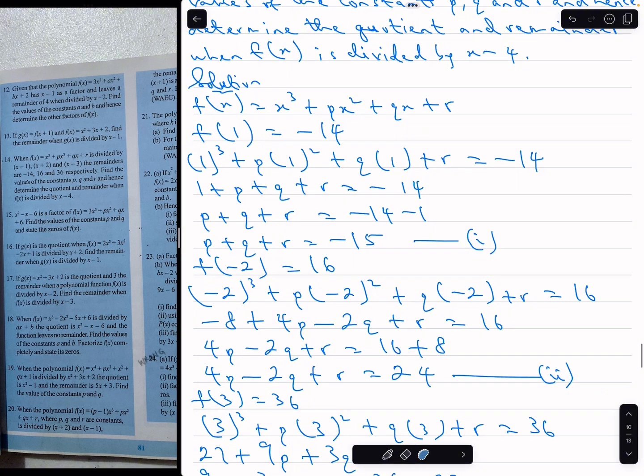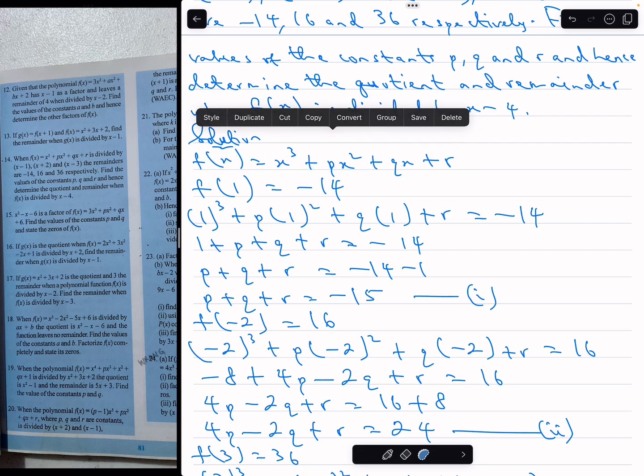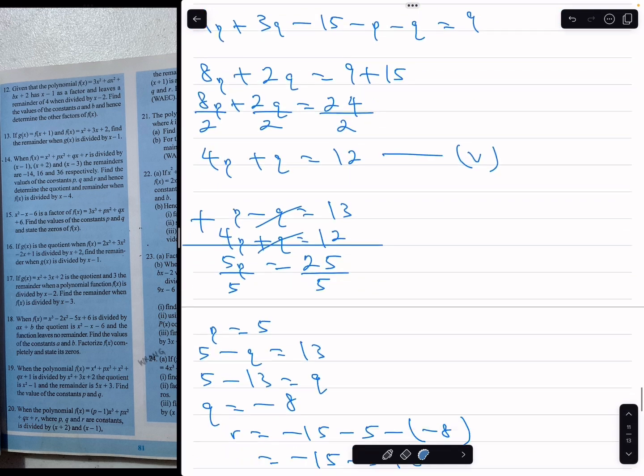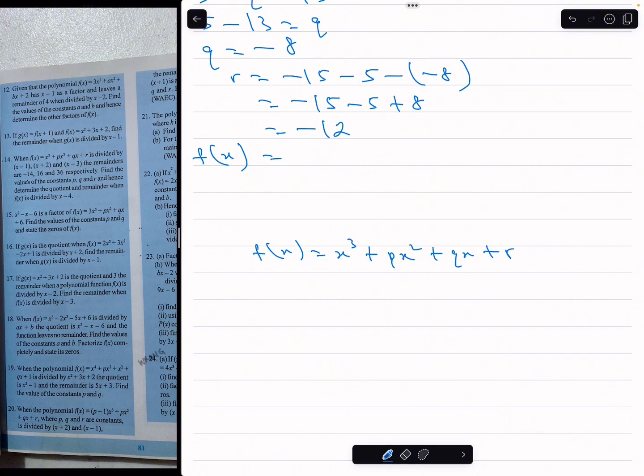We can put the values of p, q, and r now. F of x is x cubed plus px squared.